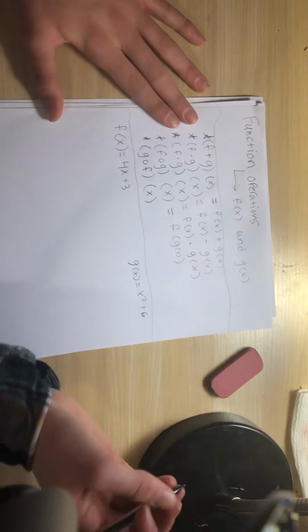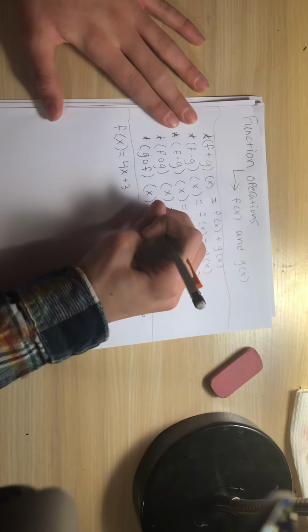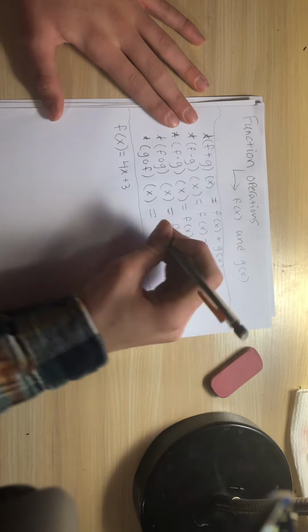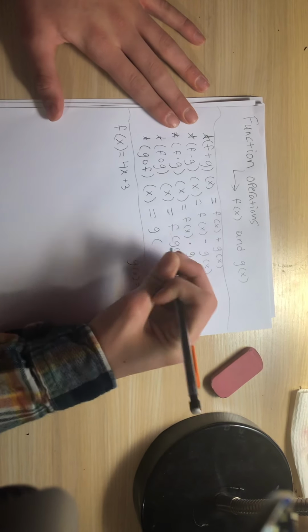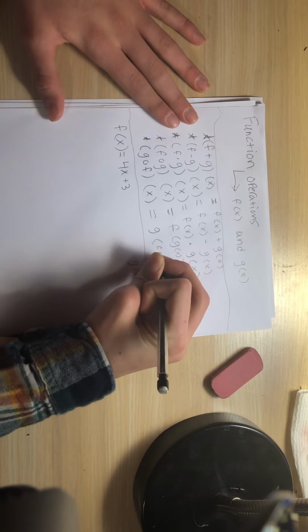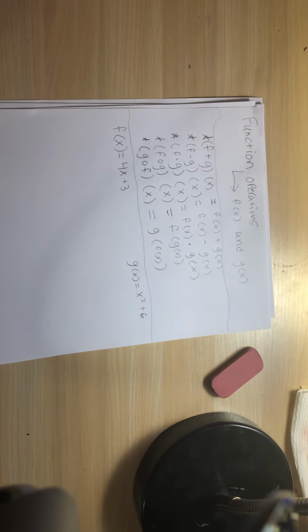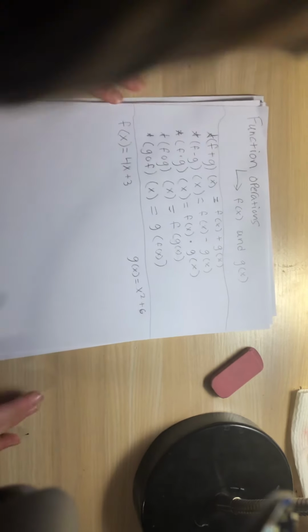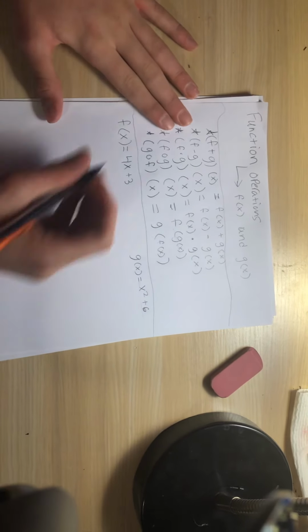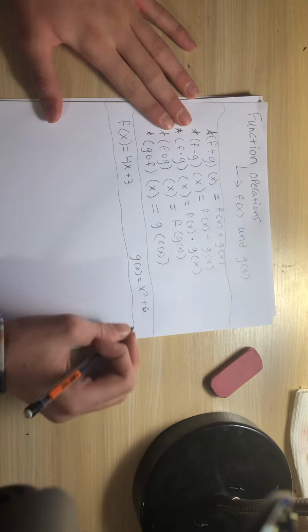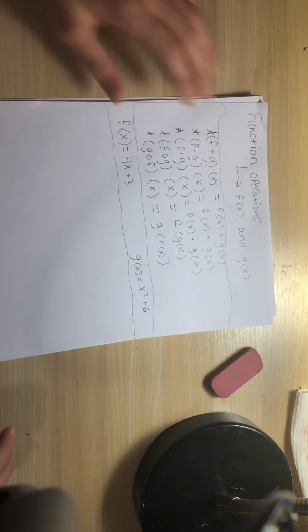Then the same thing goes for the g of f equation, but it would just be the opposite: g of f of x. If this doesn't already make sense, it will make sense shortly. So these are our base equations that we'll be using.